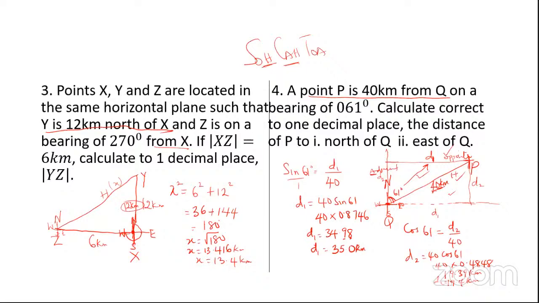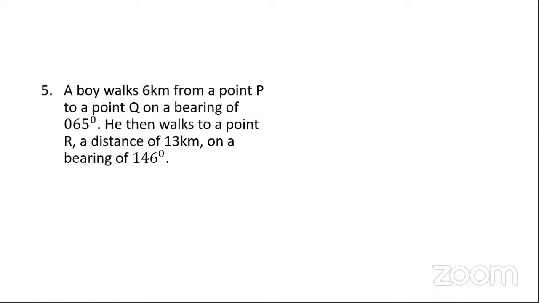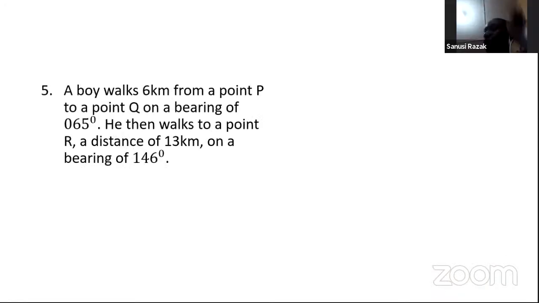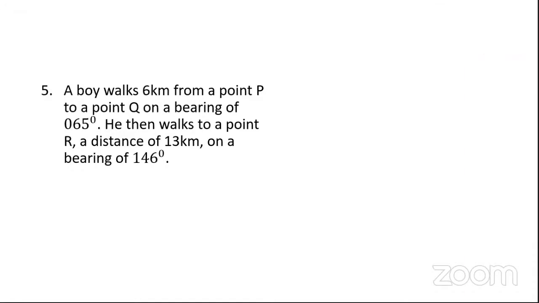So I want to believe that that is clear. So then we go to the last question for the day. The last question says that a boy walks 6 kilometers from a point P to a point Q on a bearing of 065 degrees.